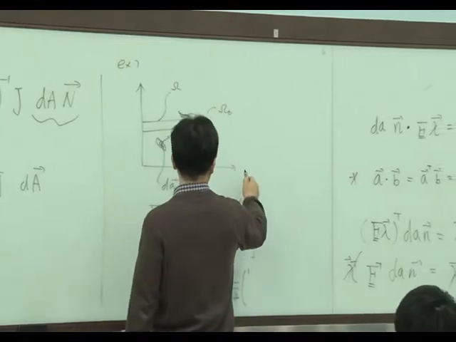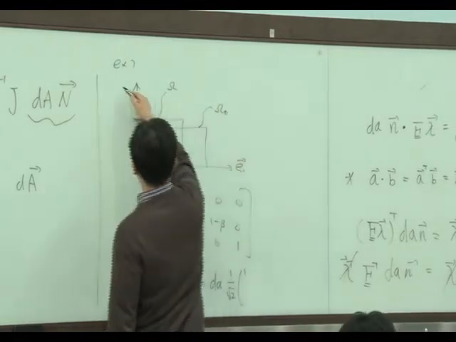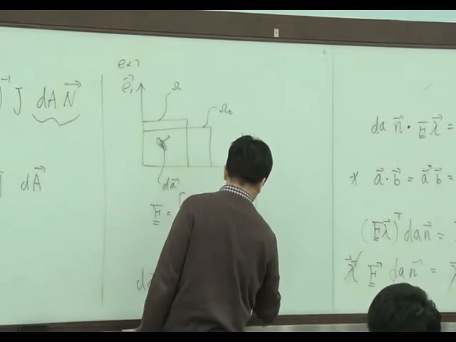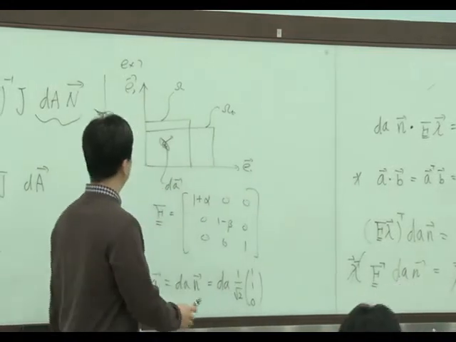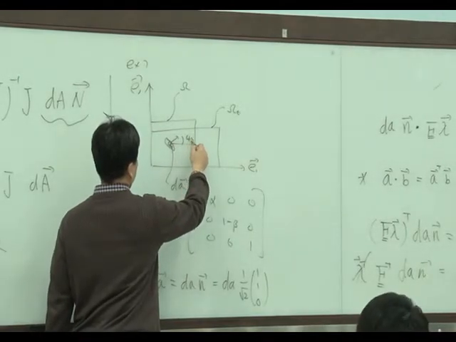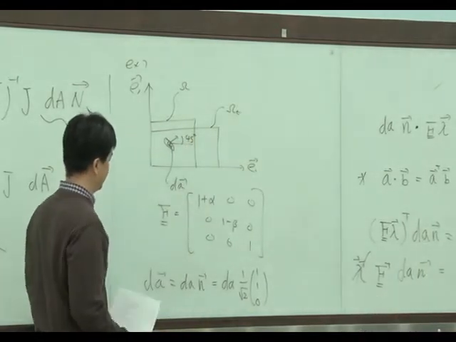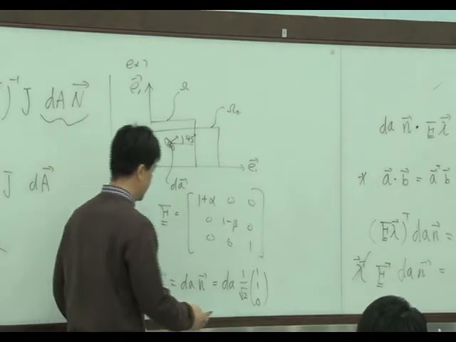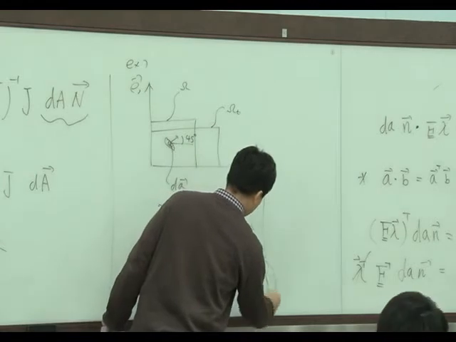Okay, this is E1, E2. This is a direction of 45 degrees. So this is the direction vector n.